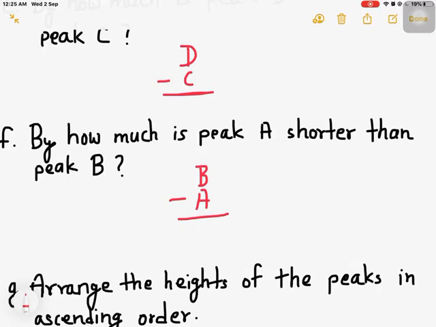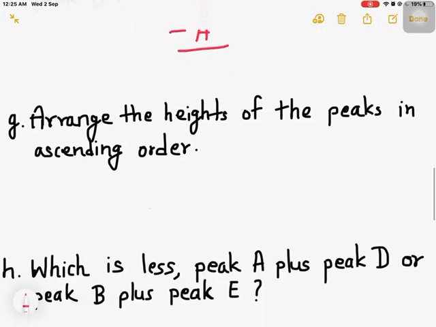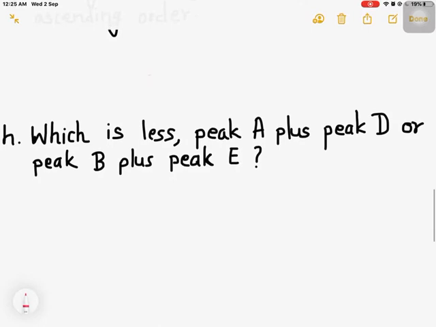You have to write the number and you have to do subtraction. Understood? Arrange the height of the peaks in ascending order. You have to write the height of the peak from smaller to bigger, okay. You can arrange here. Which is less, A plus D or B plus E?